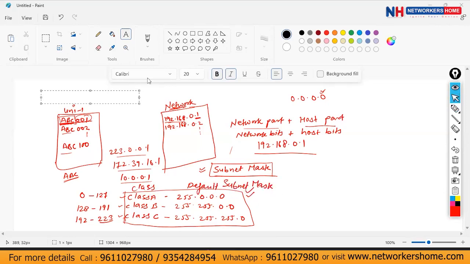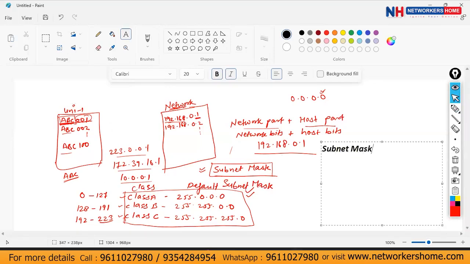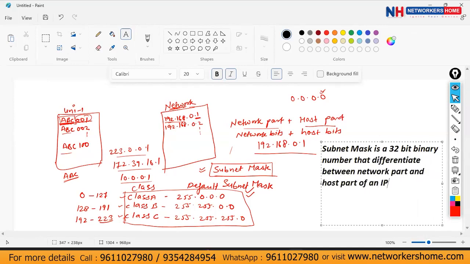And the subnet mask is a 32-bit binary number that is used to differentiate between the network part and host part of an IP address. These are the default subnet mask values for class A, B, and C.